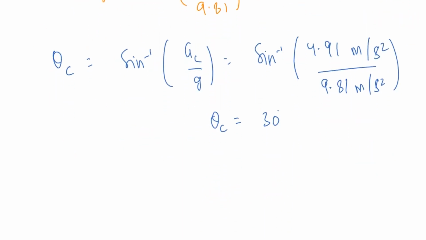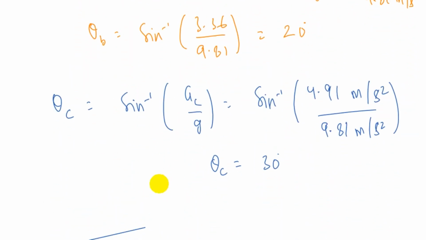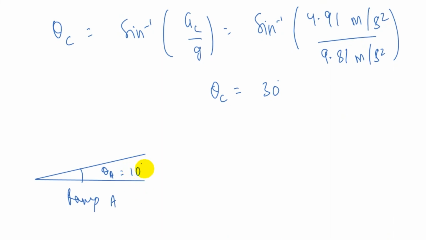Now we can show it on the figure also. I'm just drawing ramp A first. So this is ramp A, and this theta A, as calculated, is 10 degrees.